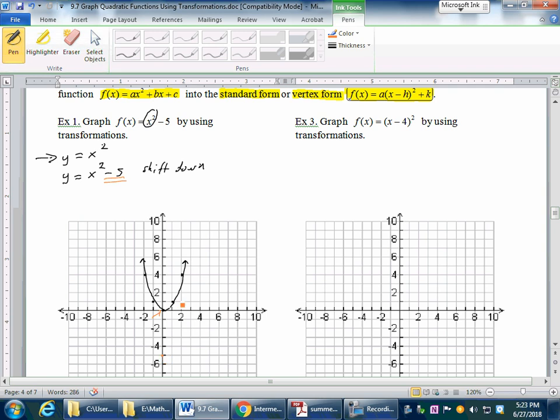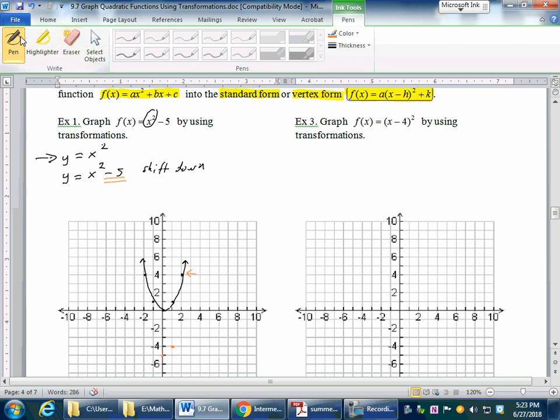Then the next point, if I shift it down 5 units, it will be 1, 2, 3, 4, 5, which is right there. Next, if I shift down the next point 5 units, that will be 1, 2, 3, 4, 5, which is right here. And I can use a symmetrical idea to do the transformation graph, or I can continue shifting it down one by one, right?